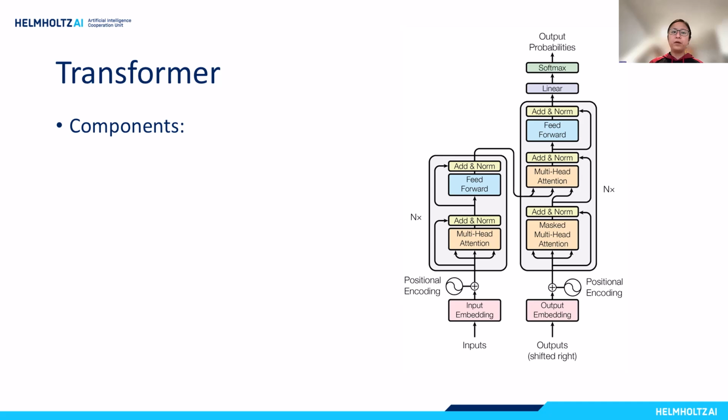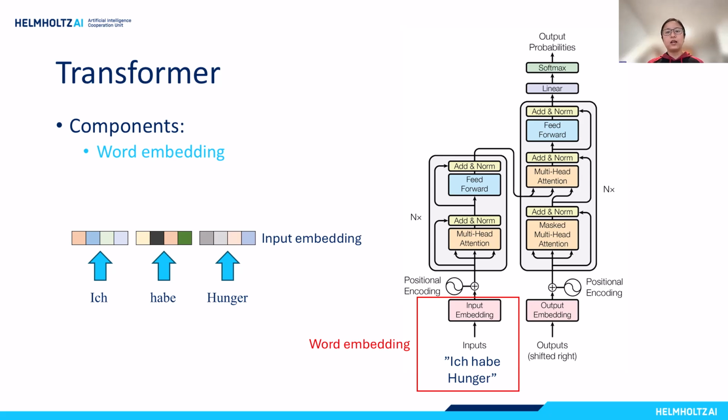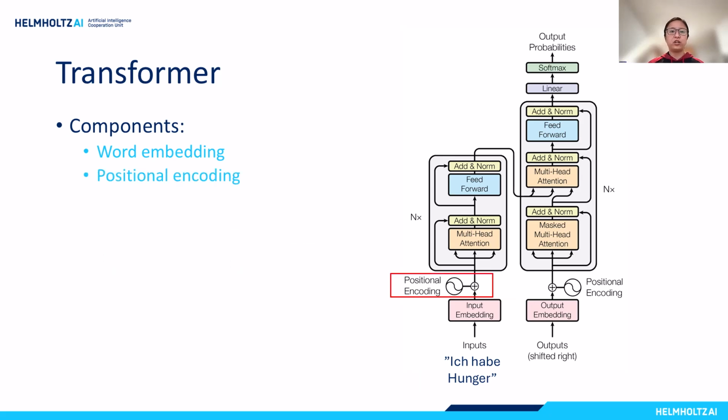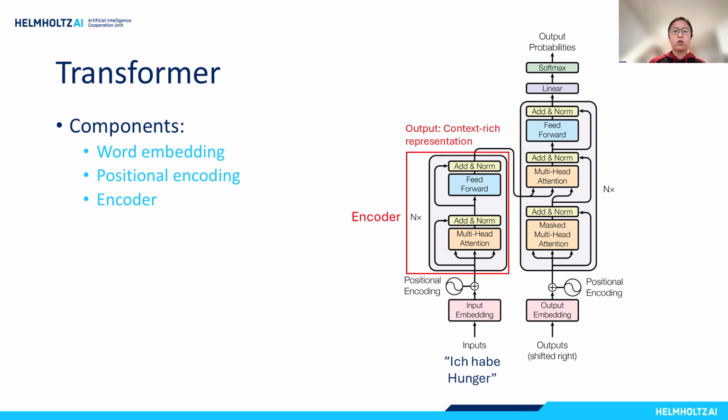Let's see a bit more detail of the transformer's general architecture. The German sentence is first converted to a collection of vectors using word embedding. Positional encoding is added to add position information for each word. Then, the encoder takes the input and encodes it into a context-rich representation.